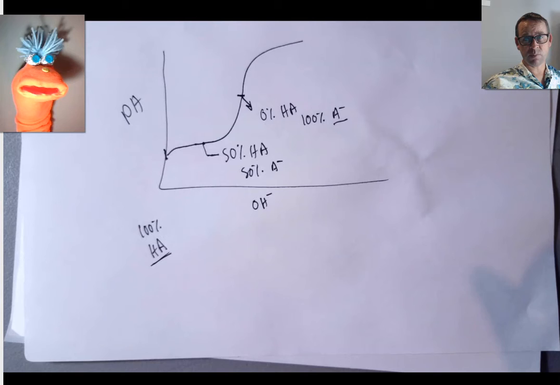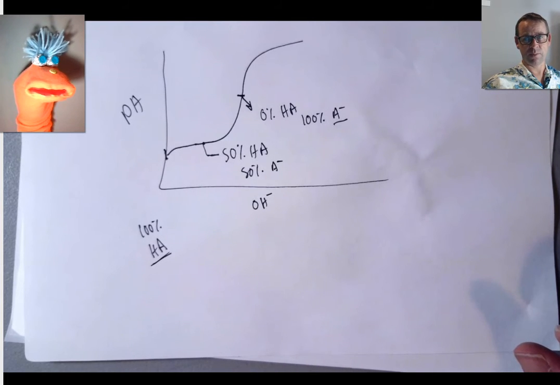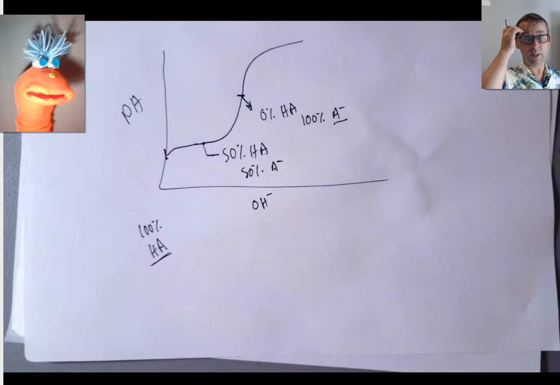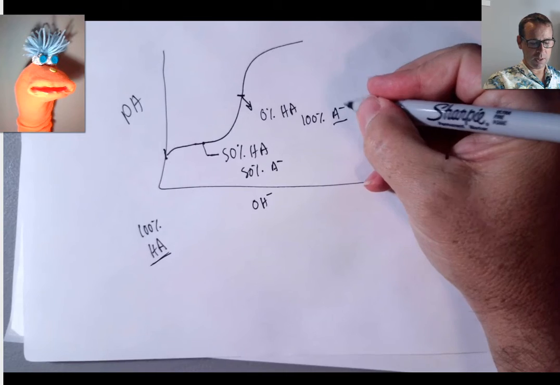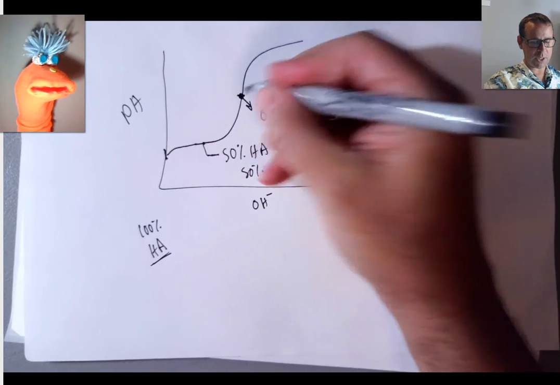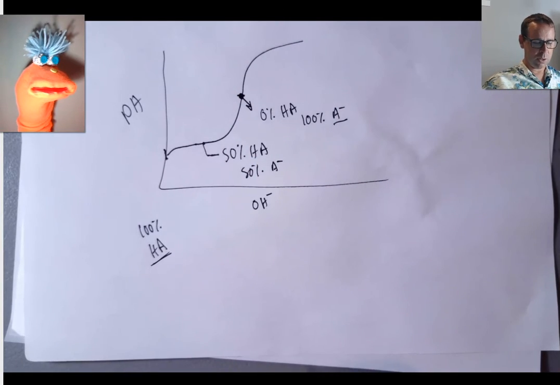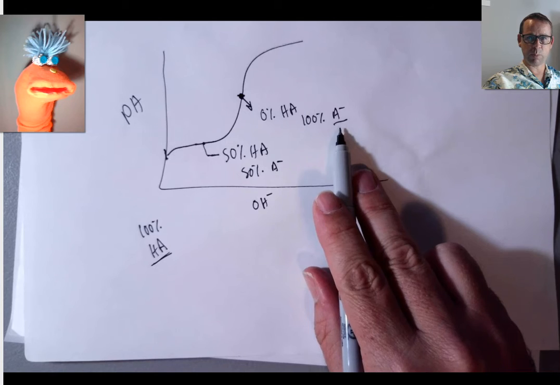And conjugate bases of weak acids are fairly good bases, right? We just saw that the carbonate ion was a pretty strong base. It brought the pH way down to about 11.5. Okay? So, at the end point, there's no more HA, but you have a bunch of A minus in solution.